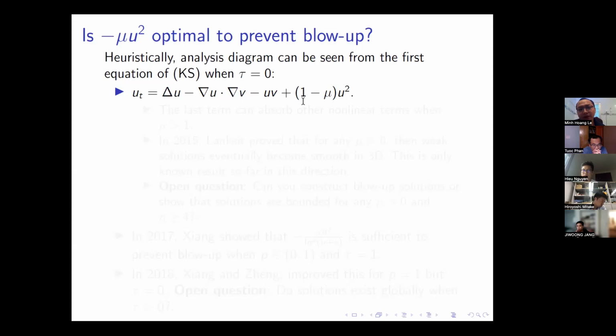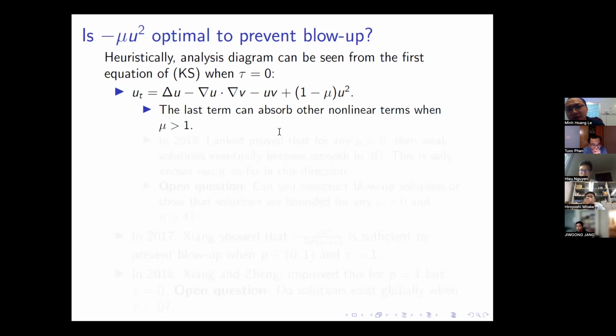And so we can see that the last term can absorb the other nonlinear terms when mu is bigger than 1, so this term becomes negative, right? So when mu is big, it helps the equation in that sense. But when mu is less than 1, it cannot be seen by this equation. We have to have another way to see the problem.